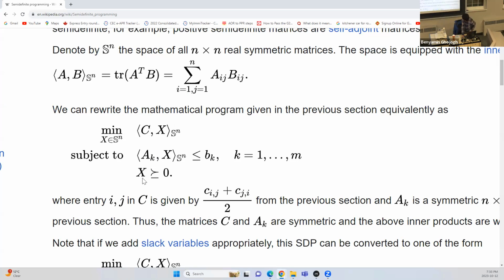So subject to some nonlinear inequality, but this is important: the matrix is positive semi-definite, okay? Hence the name semi-definite programming, okay? This is a convex optimization problem and can be solved using any optimization toolbox, such as CVX.